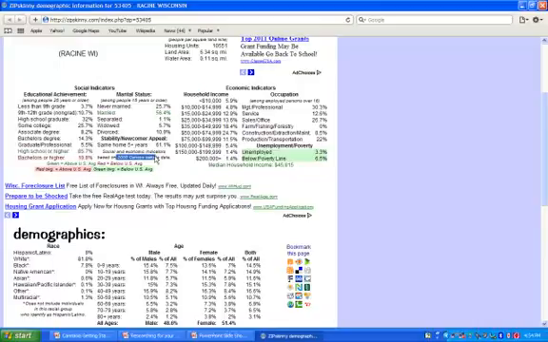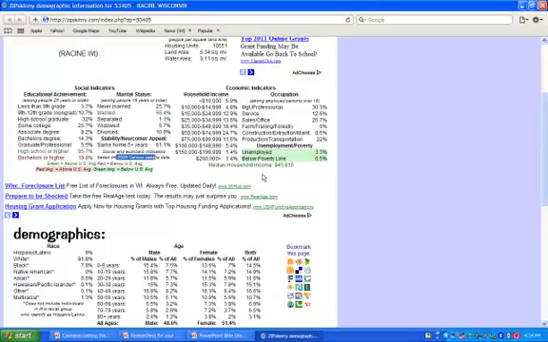Now, the problem with the census is just that. It's such a big undertaking, it's only done once every 10 years. So you kind of have to take some of the information with a grain of salt because it does change. And so many of these income numbers have changed. Obviously, unemployment has changed. They're saying at that point in time, 6.5% of the people were below the poverty line.